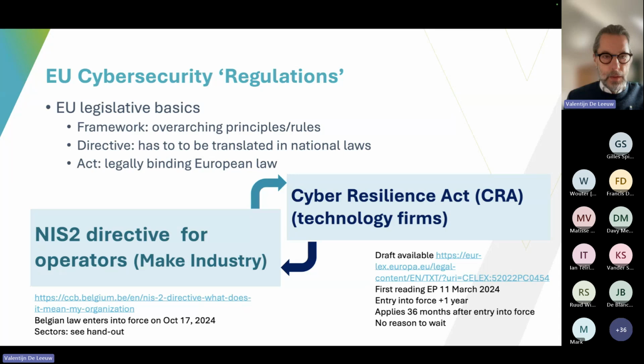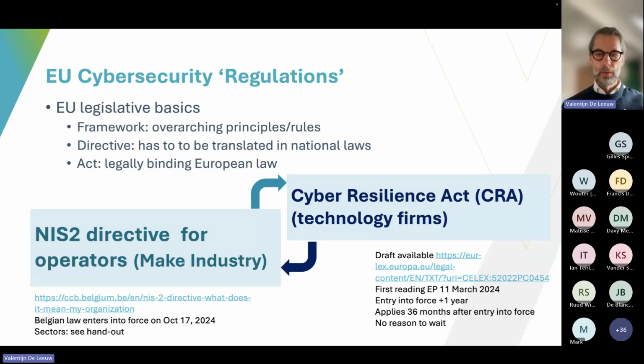To come back 2 seconds to the EU cybersecurity regulations, there are basically two main topics. The one topic is the Cyber Resilience Act for technology firms, and they require cyber secure products during the product life cycle. And then we have the NIS2 directive for operators, which is the maker industry.